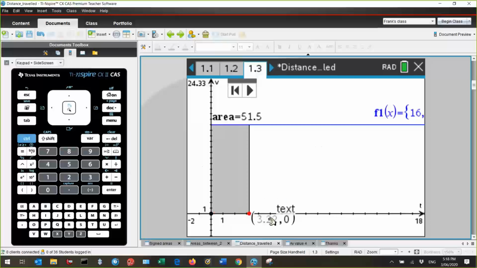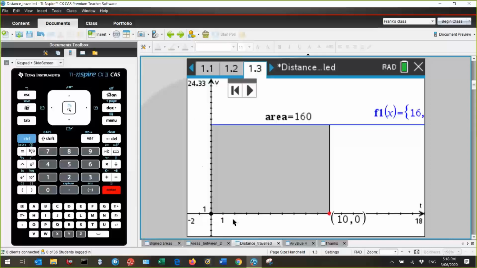So after 1 second, the area is 16, which is also the distance that I would have travelled in 1 second. After 10 seconds, 160 is the area under the graph, which is also the distance. So that clearly shows the relationship between the distance travelled and the area under the graph.